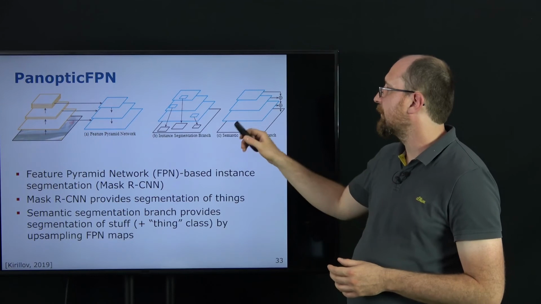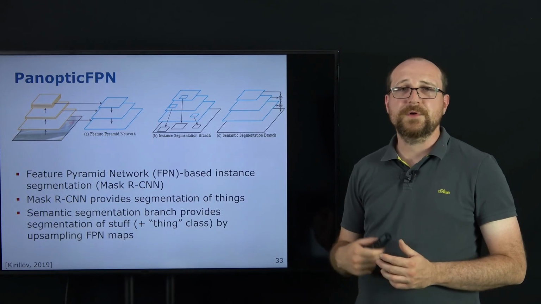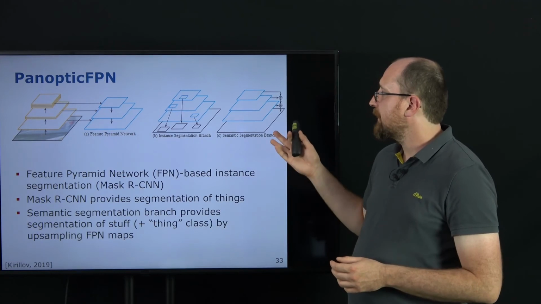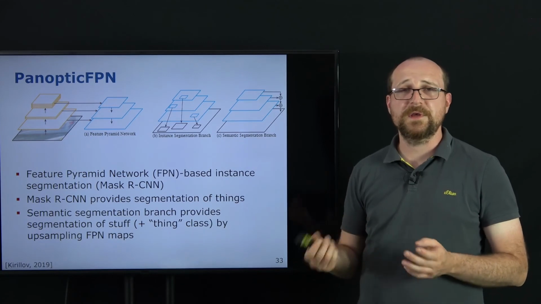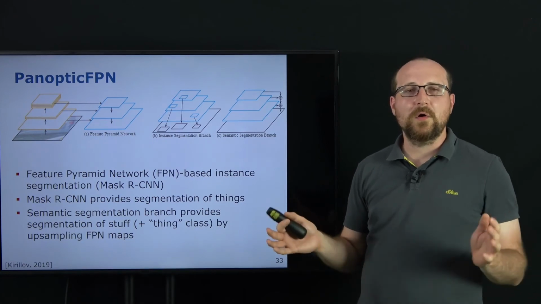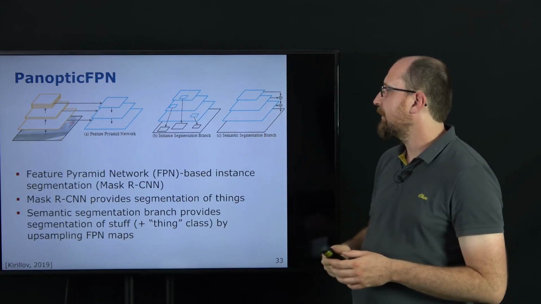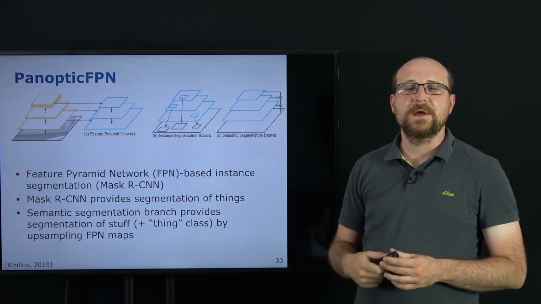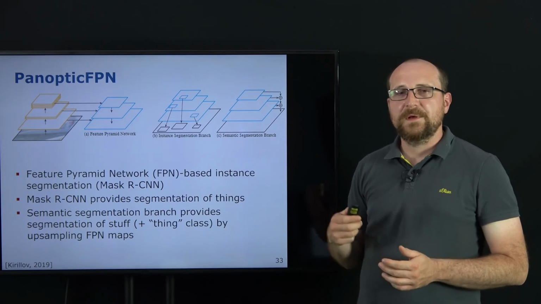And the concatenation gives us then the pixel-wise class scores that then can be used for determining semantic segmentation. And in this case, for the semantic segmentation part, because we have this distinction between thing and stuff, they included also a catch-all class that combines basically all thing objects together, which is then also predicted by the semantic segmentation branch, and then they can combine both together to get the desired panoptic segmentation in the end.